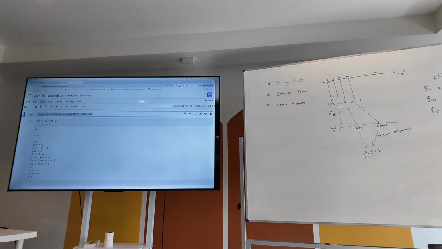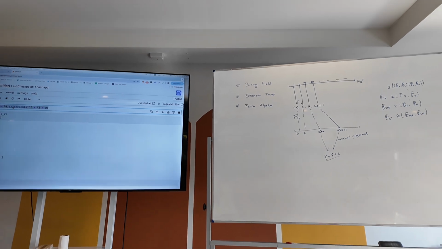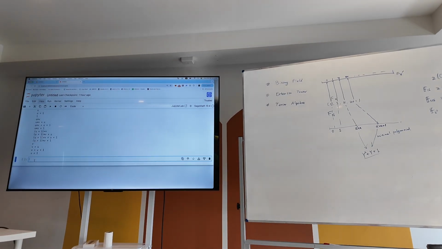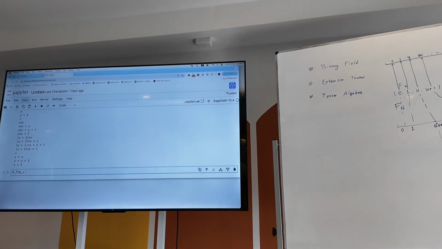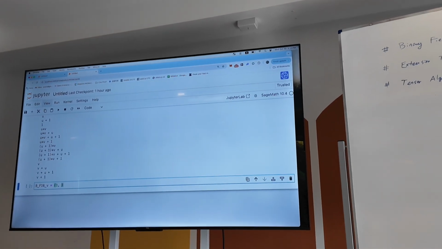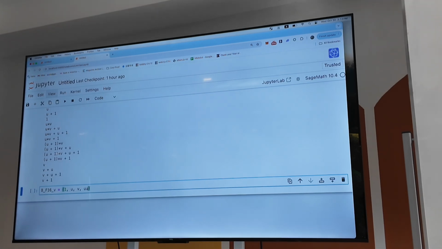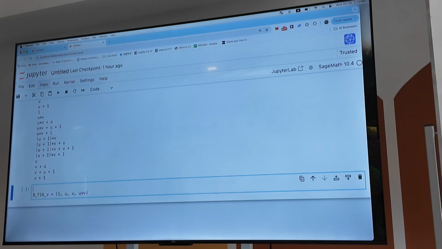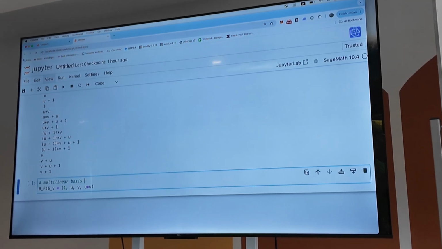The answer is yes. We can easily find all of this by using some theorems. For example, we can easily define the basis of F16 as 1, U, V, and U times V. It's called the multilinear basis.